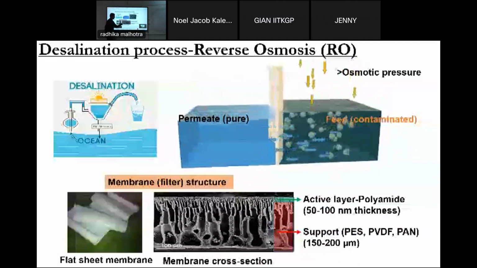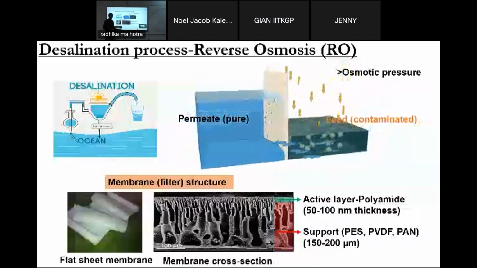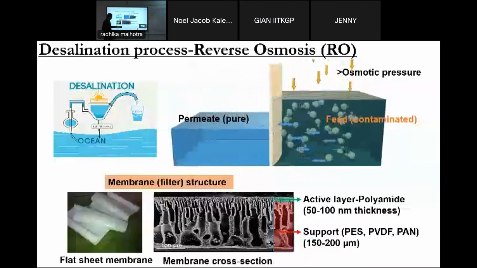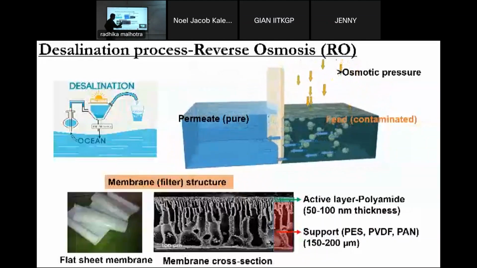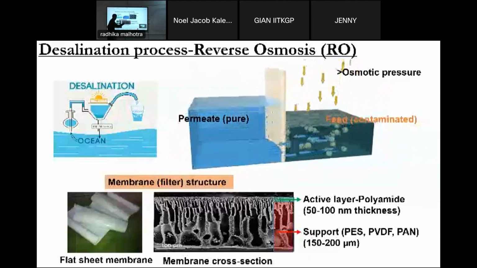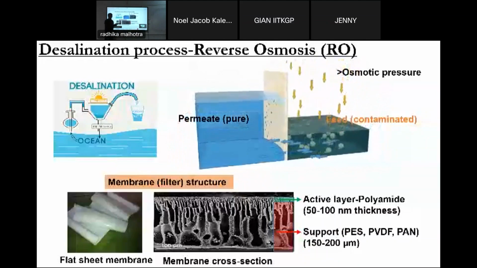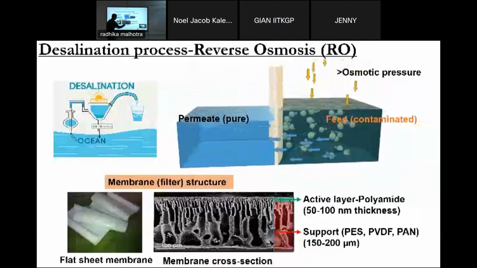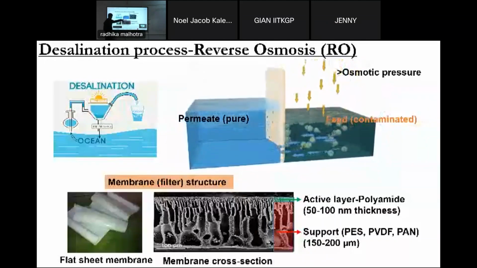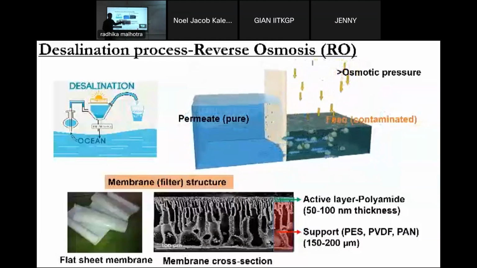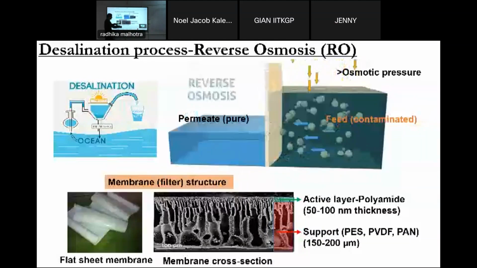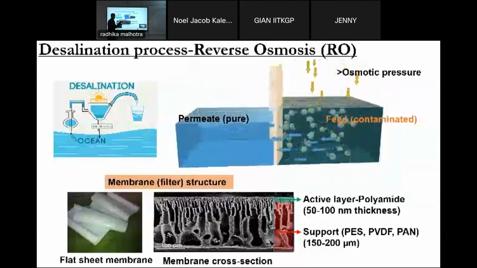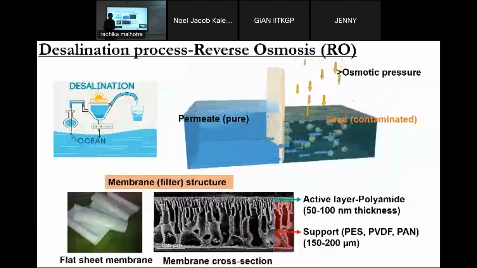This is the asymmetric membrane structure. This is the cross section of the image. Here you have the skin layer, which we call the selective layer, and this is the support layer. Here you see the finger-like structures. This structure forms when you are doing the phase inversion technique.